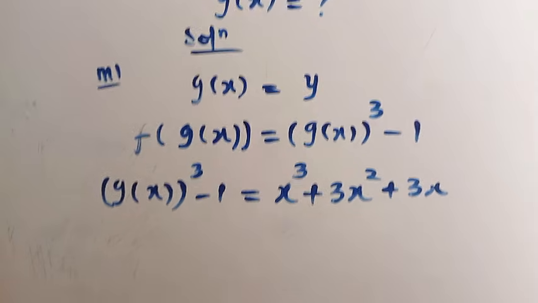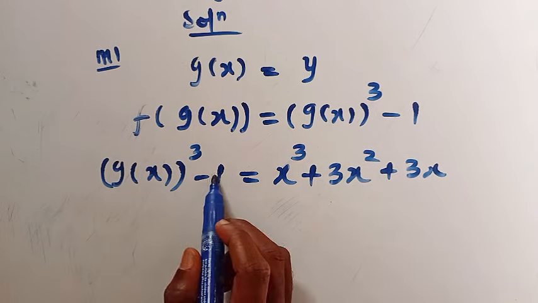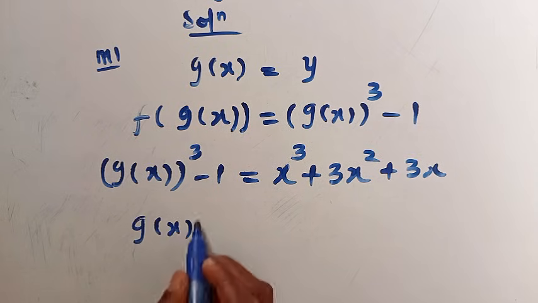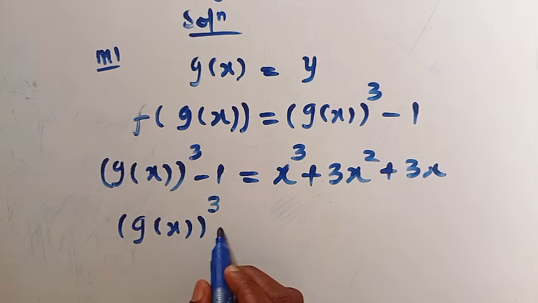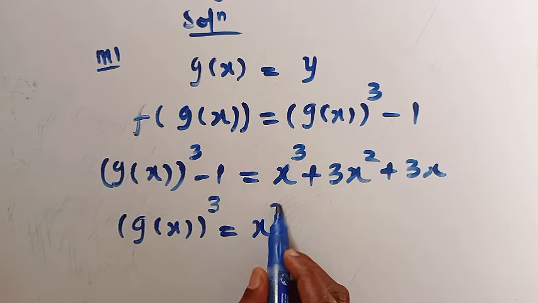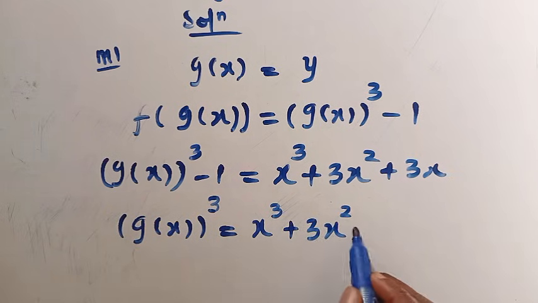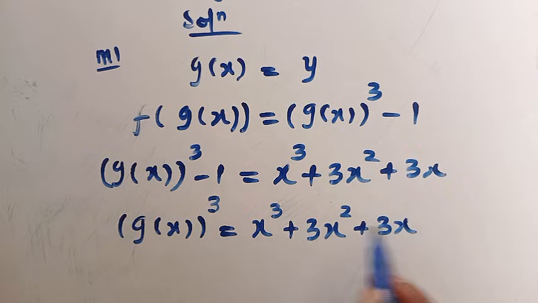Then let's add 1 to both sides, or transfer this 1 to the other side. This side we have g of x raised to power 3 equals x power 3 plus 3x power 2 plus 3x, then plus 1.